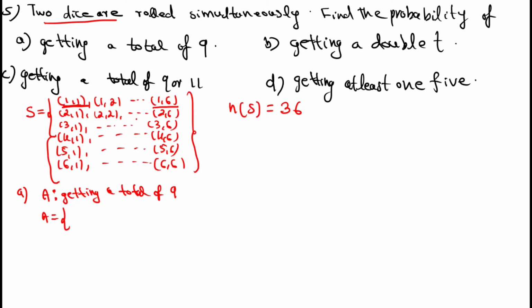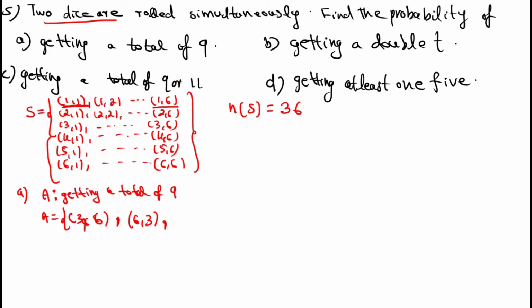Then (2,1), (2,2), (2,3), (2,4), (2,5), (2,6) also not possible, because 6 plus 2, maximum we will get 8. But see, (3,1), (3,2), (3,3) is 6, (3,4) is 7, (3,5) is 8, (3,6). The (3,6) value is equal to 9, right? So (3,6) is possible. If (3,6) is possible, then (6,3) is also possible.